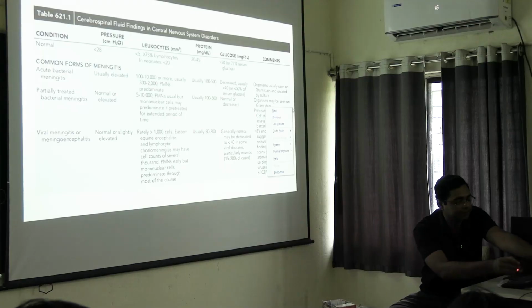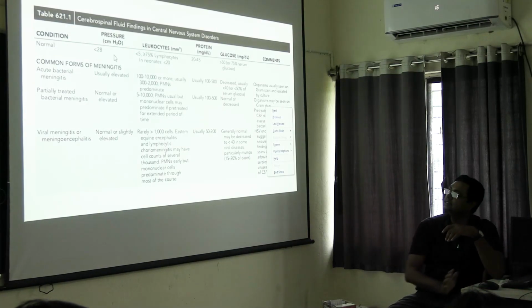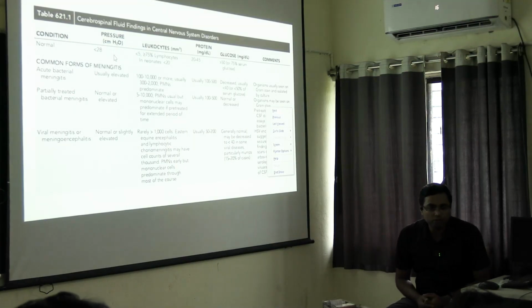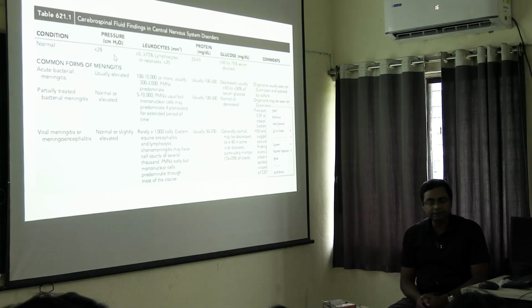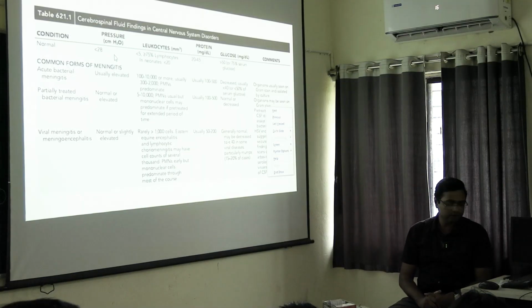So the normal pressure of CSF is less than 28 centimeter of water, mercury নয় কিন্তু water. So how do you measure pressure of CSF? আমরা প্র্যাকটিক্যালি করি না, but what is the method?